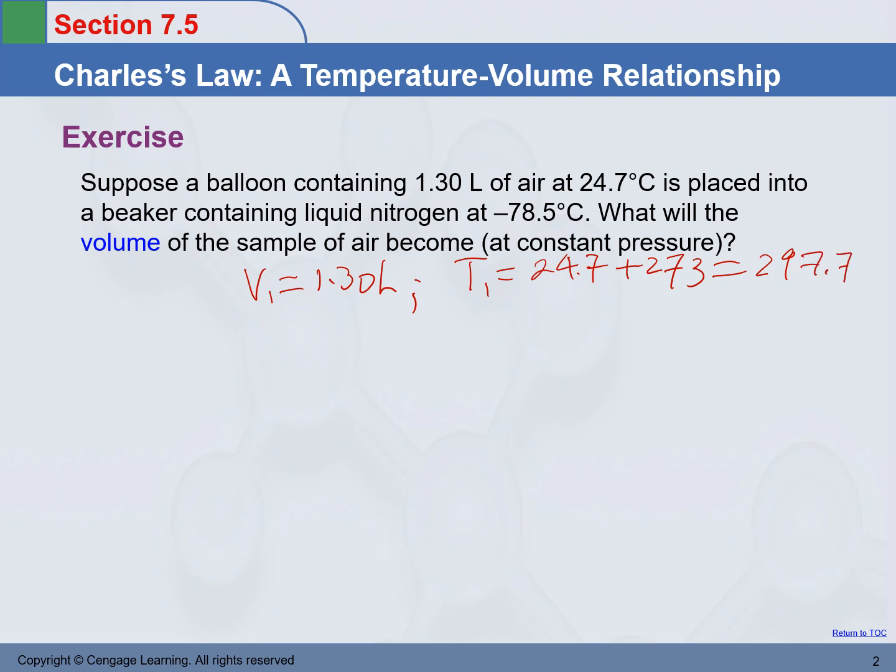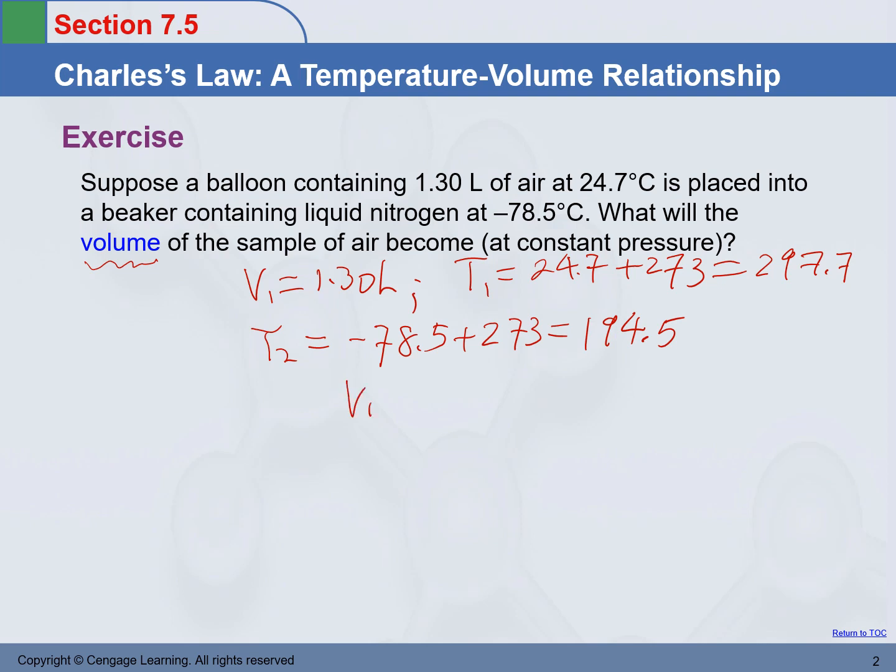V2 is what is wanted. What will the volume be? T2 is negative 78.5 Celsius plus 273 equals 194.5 Kelvin.